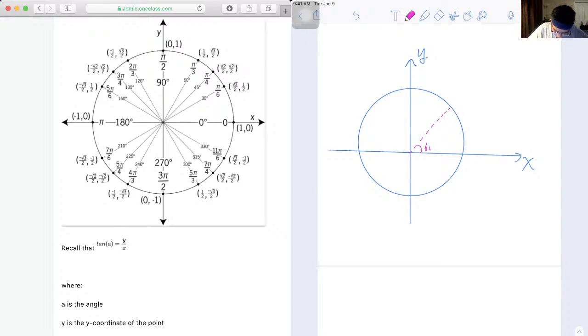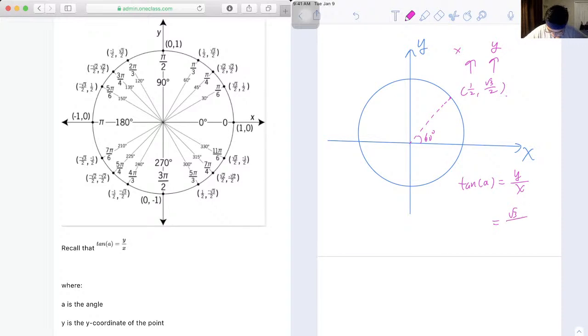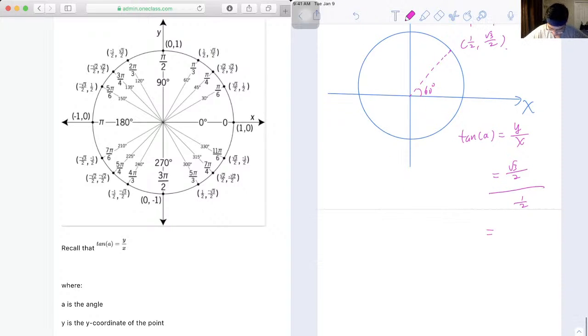Okay, so that's 60, and we know from the graph it is 1 over 2 and root 3 over 2. Okay, and that's the x coordinate, and that is the y coordinate. And we know tangent A is just equal to y over x, which is going to be root 3 over 2 over 1 over 2. Okay, so that's going to be equal to root 3 over 2 times 2, which is going to give us root 3 as our answer.